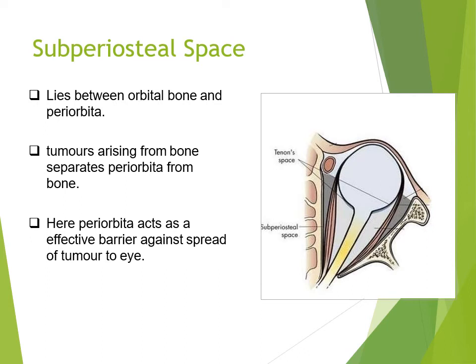As I told you, the subperiosteal space is between your bone and the periorbita. Sometimes, whenever there are bony tumors arising from there, that leads to separation of the periorbita and enlargement of this space.